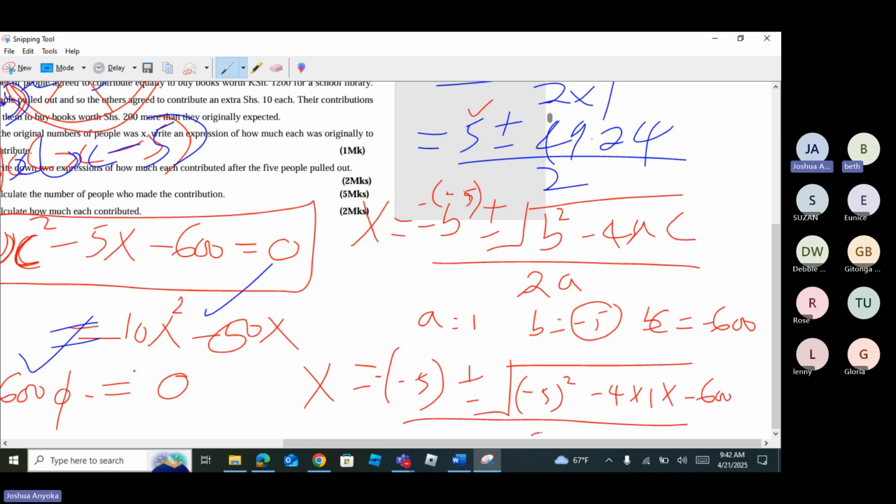It will do you justice, because the way we are now bringing them in, they may confuse. If b is negative, obviously it will be positive, but substitute at a very raw stage. Don't overthink.